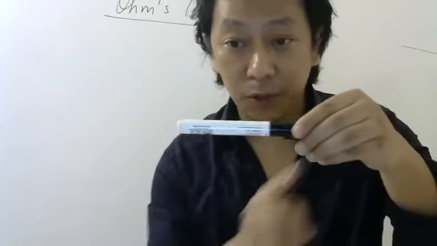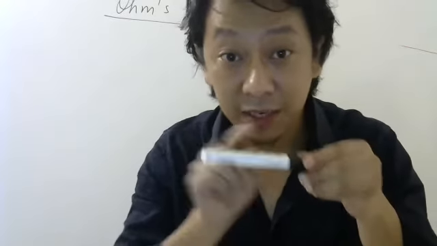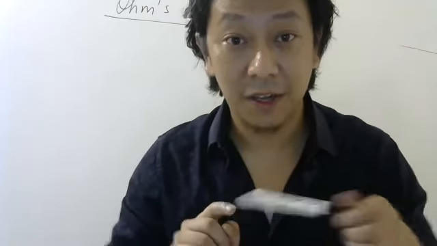But the moment you put a battery, what you are applying is a potential difference. That potential difference will produce an electric field, which will exert force on these electrons, because of which the motion will look like this. Remember, I told you? So there will be a drift, because of which you will get current.